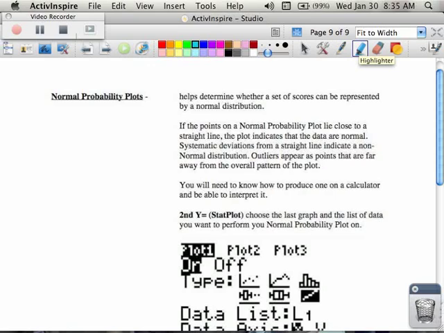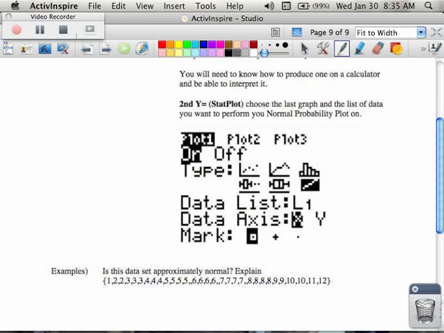The biggest thing I want you to understand is you want to see a straight line. If you don't see a straight line, bad news. Then the answer is no. Down below here, they give us the instructions on what to do. I'm just going to run through how to do this. I'll do one for you, and then I want you to try the other one.